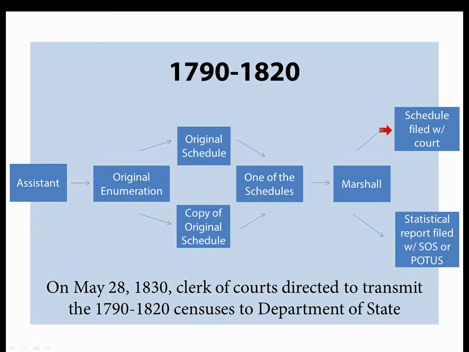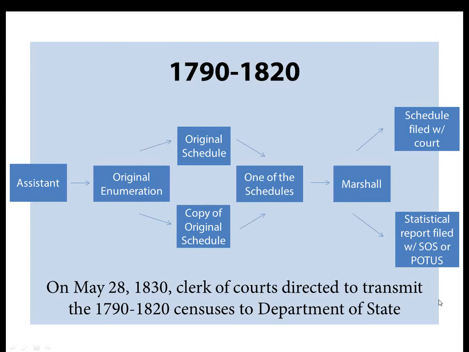It wasn't until 1830 that everyone was directed to transmit the 1790 to 1820 census to the Department of State. So if your ancestors' county courthouse did a bad job and maybe threw away those original records, or lost them, or misfiled them, or put them out in the rain, it doesn't matter. We don't have them, and we're probably not going to have them, because they would have been forwarded in 1830. So just something to keep in mind.